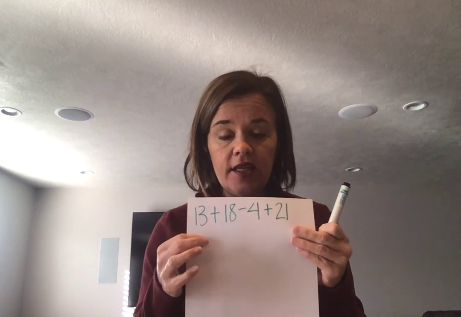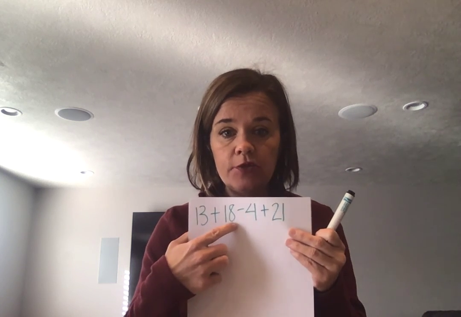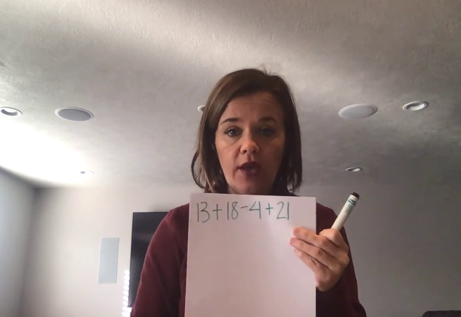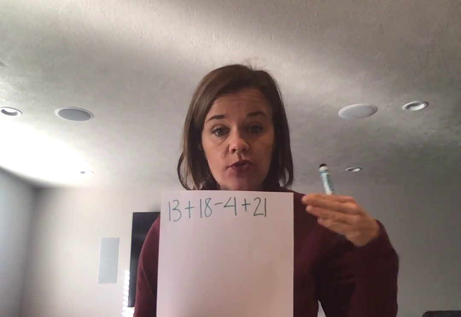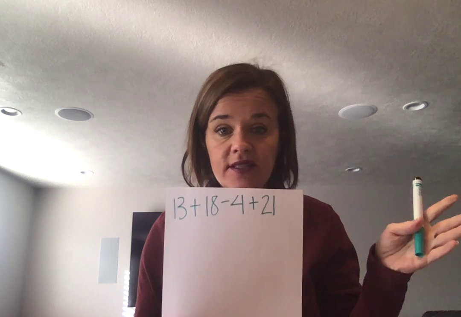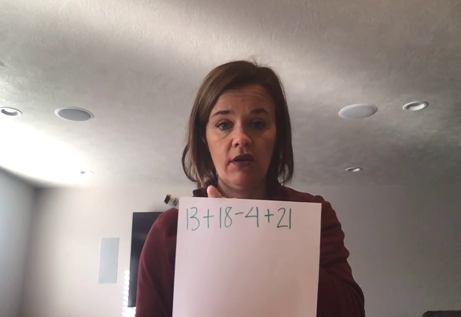So here we go. So here's my problem. 13 plus 18, subtract 4 plus 21, okay? Since I'm going from left to right, I'm just going to start right here. So 13 plus 18. I'm going to tackle this one first, because it just makes sense to me.